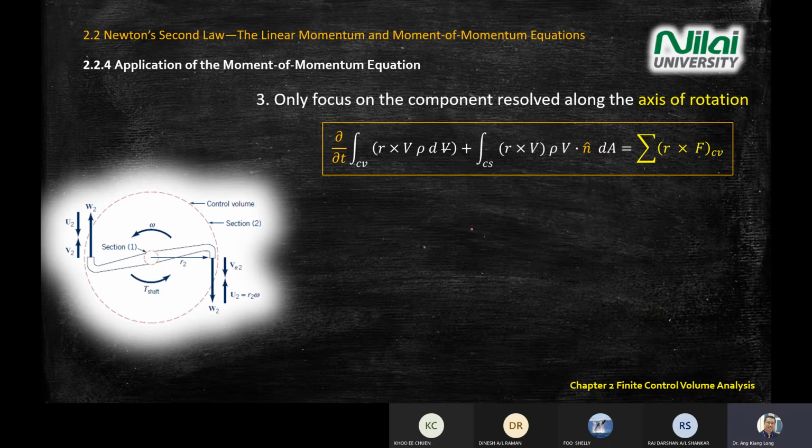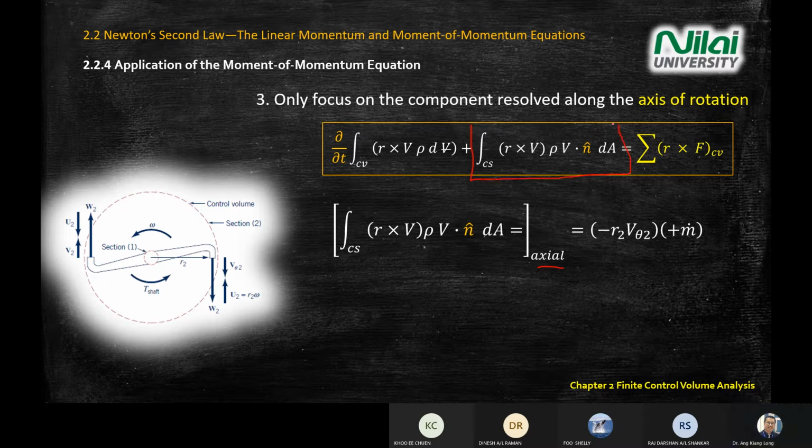All right. Now, I'm going to show you what happened in the axial direction. Looking at this component, how do you arrive at m dot? How do you arrive at m dot?